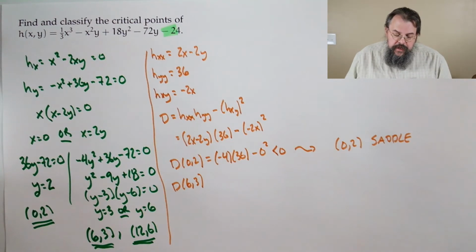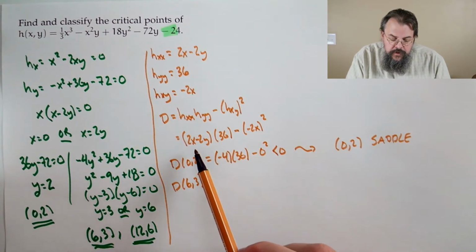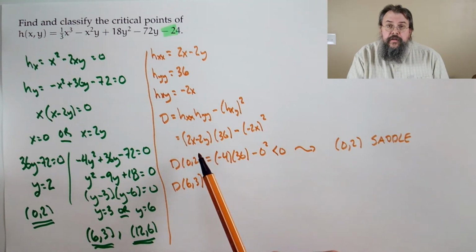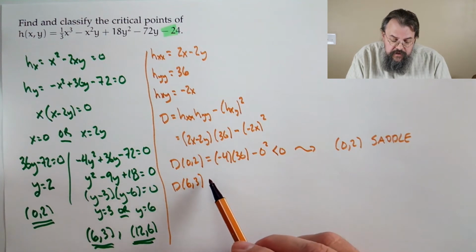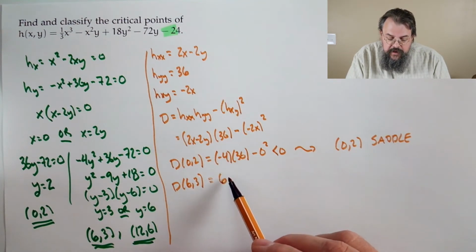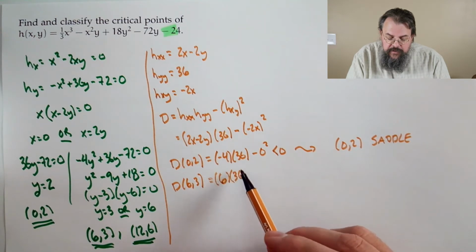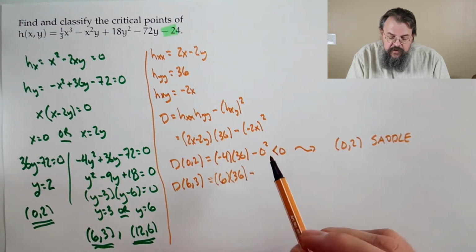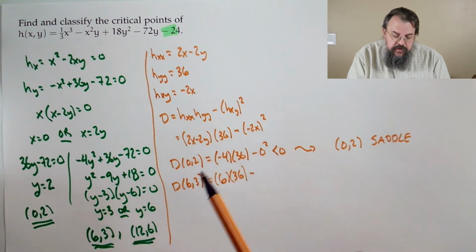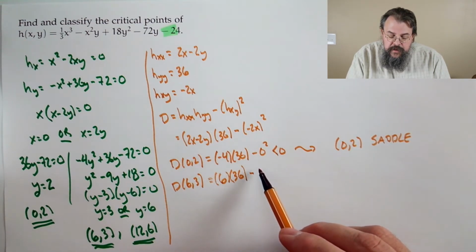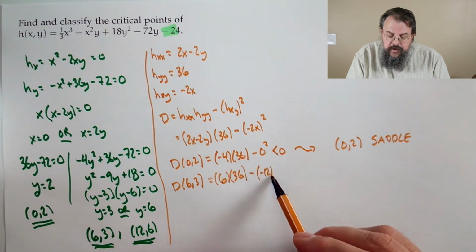Well, let's see what happens. We're going to get 2 times 6 is 12, and minus 2 times 3, 6. So we're going to get 6, times 36, minus, now we have to say, 2 times 6 is 12, so it's negative 12 squared.